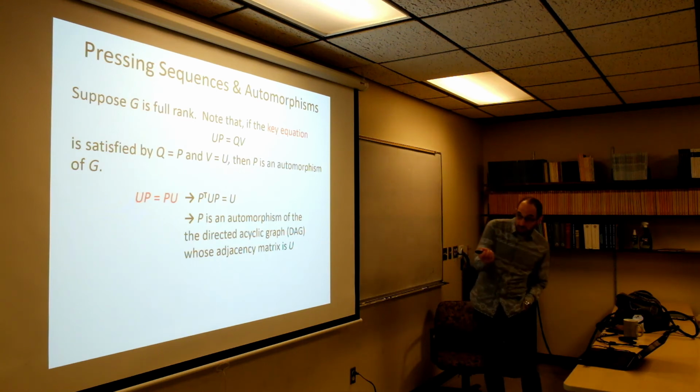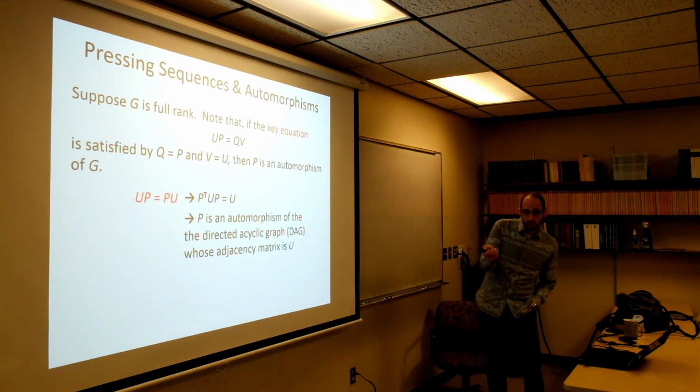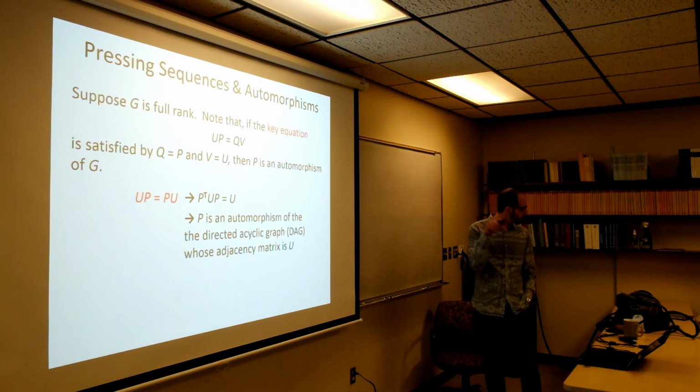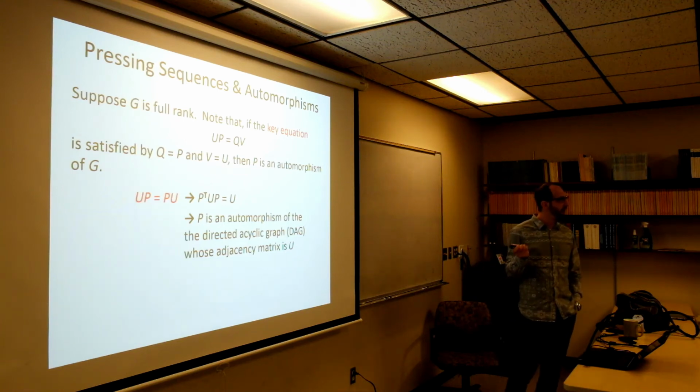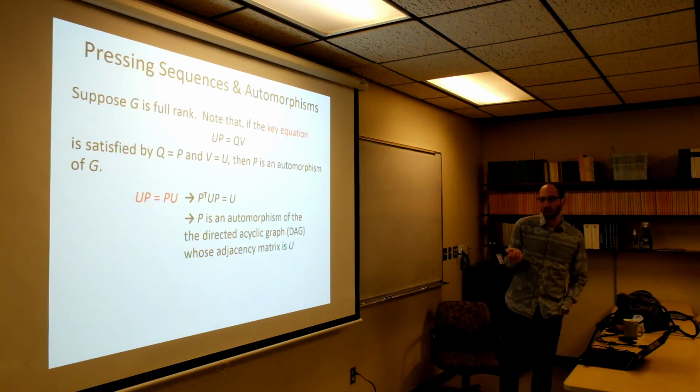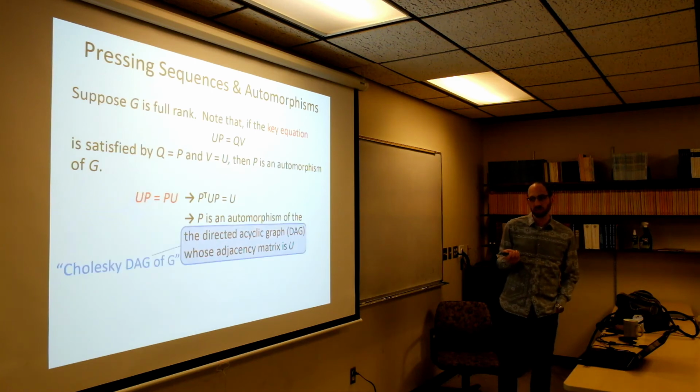So this equation says that permuting the row and column labels of U, using the same permutation, preserves U. In other words, it's a relabeling of that diagram that just gives you back the same diagram. So it's actually more than it just being an automorphism of the graph. It's an automorphism of this digraph, which I'm going to start referring to as the Cholesky dag of G.